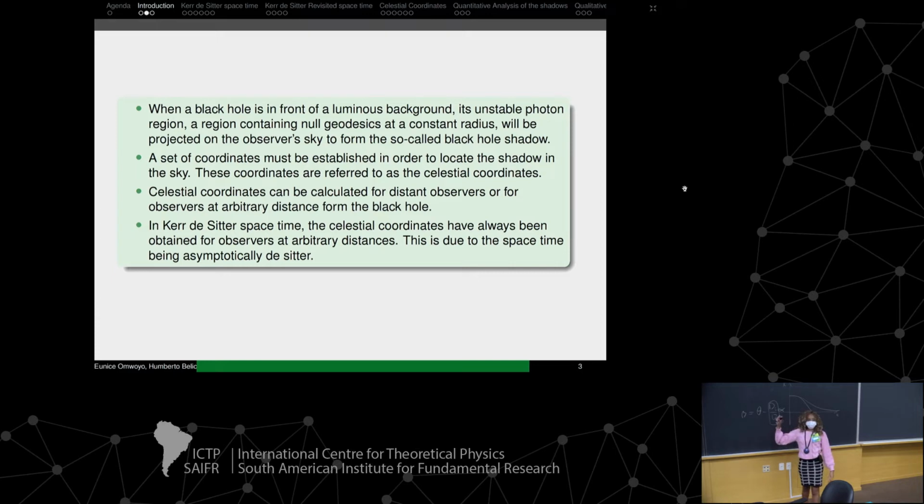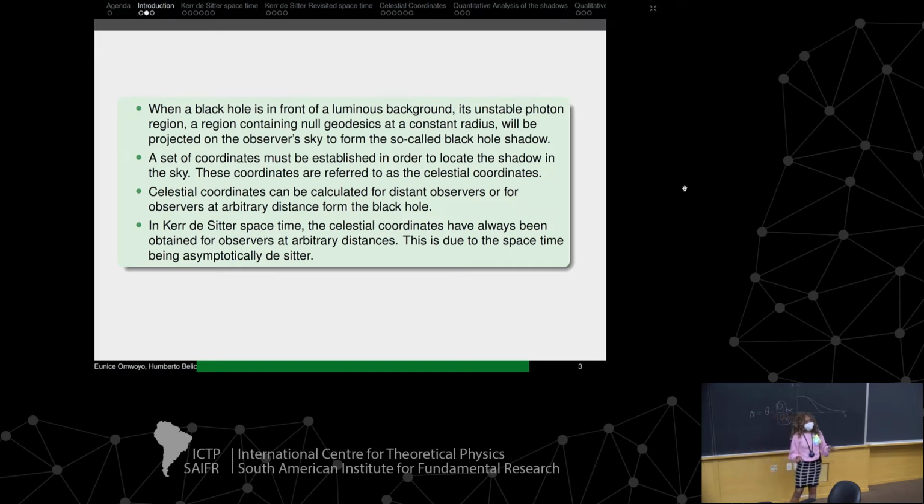For an observer to locate the shadow in the sky, we need to define a set of coordinates, and these are the so-called celestial coordinates. The celestial coordinates sometimes depend on the nature of the spacetime.